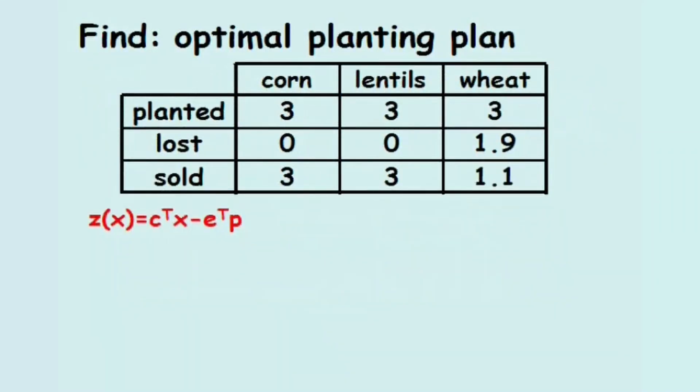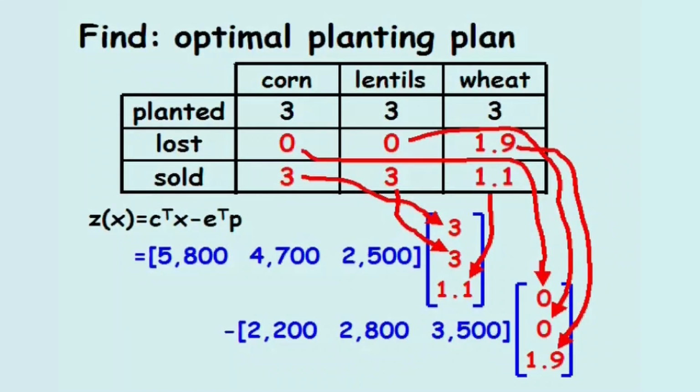The total profit would be calculated out as the difference between the profit from crops sold, C transpose X, minus the expense of crops which died out due to insufficient resources, E transpose P. For this scenario, the total profit equals $27,600, much less than the $39,000 when more resources were available.